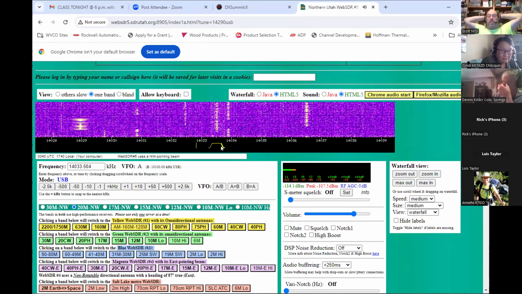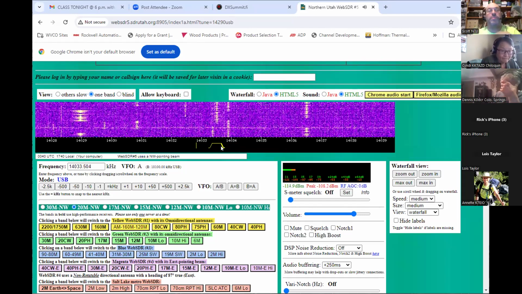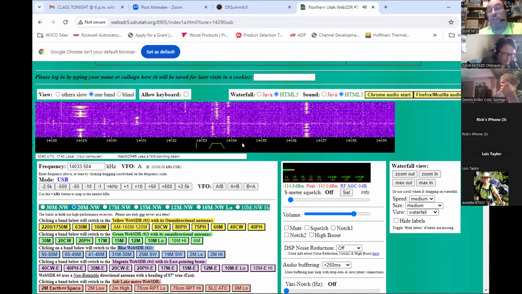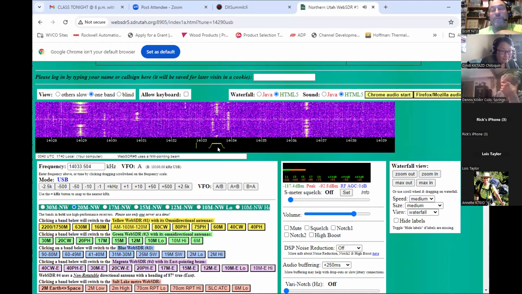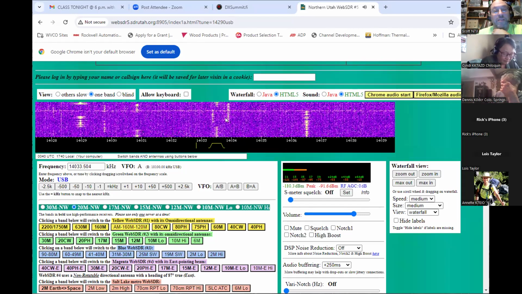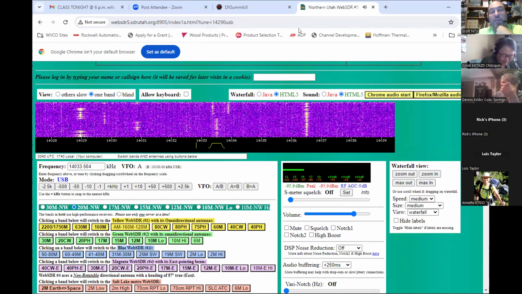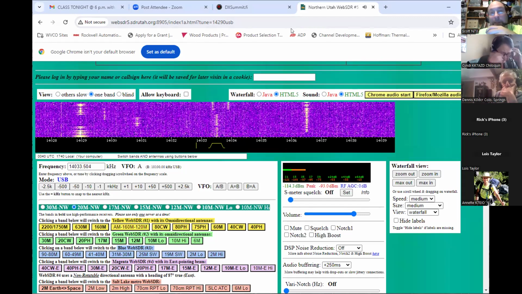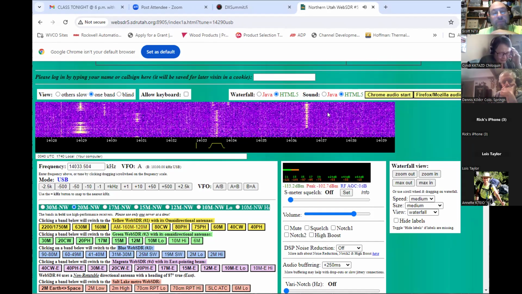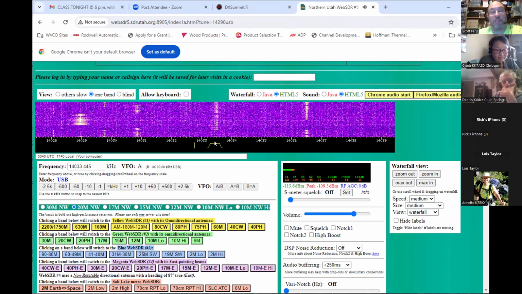Okay, anyone get that call sign? Notice they're not zero beat. This is evidence of not zero beating. Look, you can see it on the display.